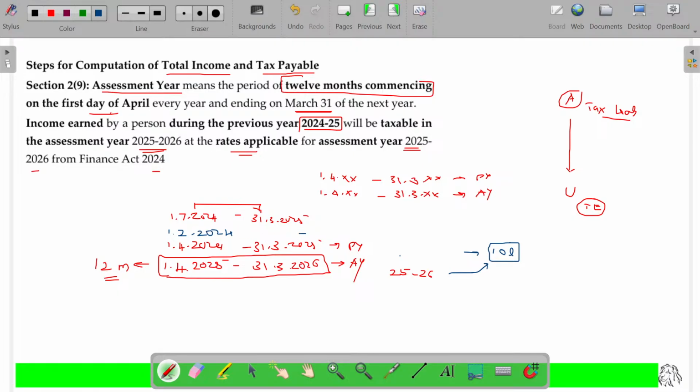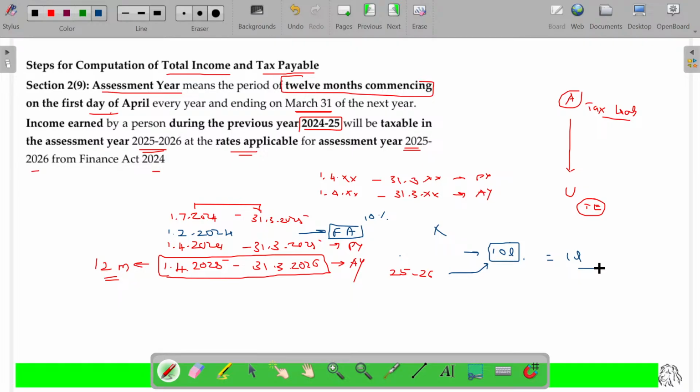That Finance Act contains the rate of tax. Probably if the rate of tax says 10%, immediately you calculate 10% on this, so 1 lakh will be the tax. Is that okay?